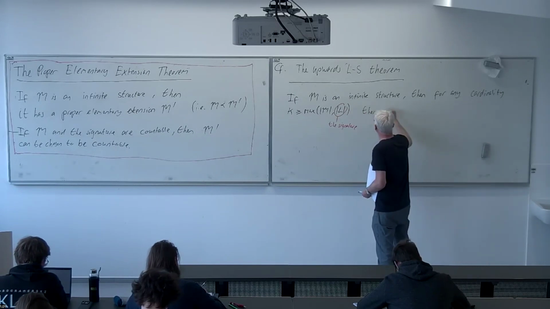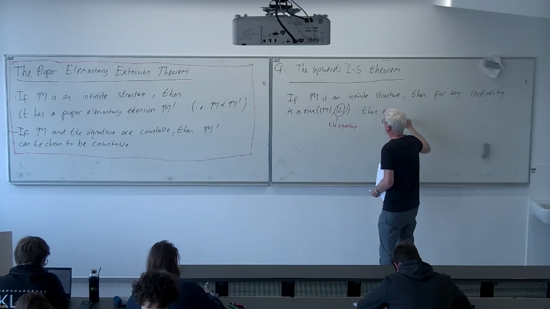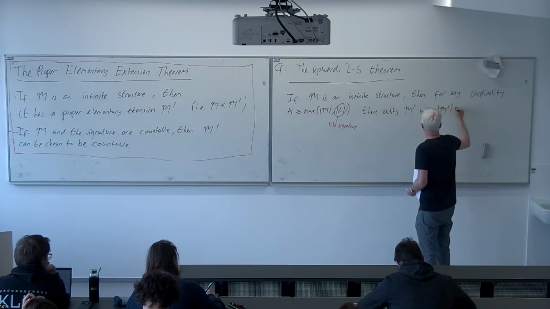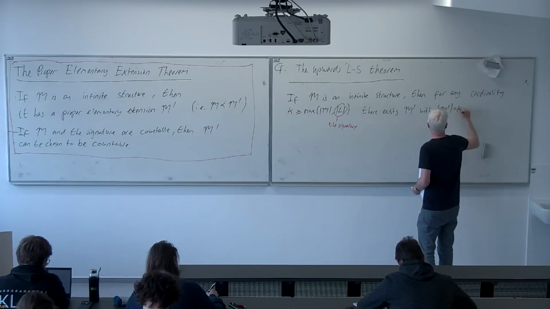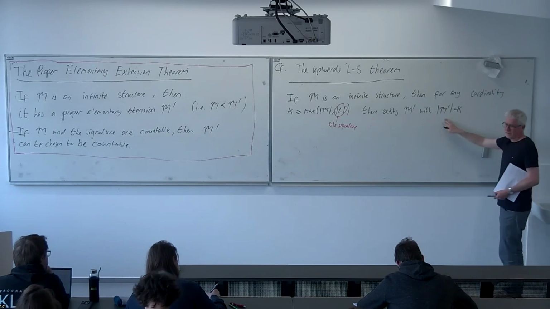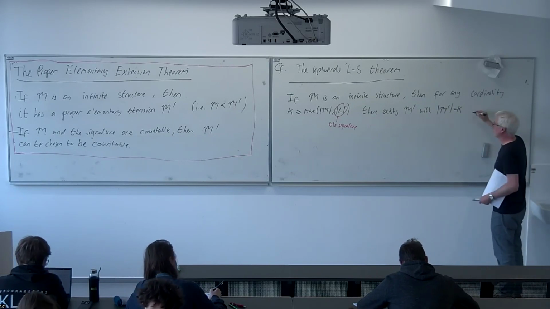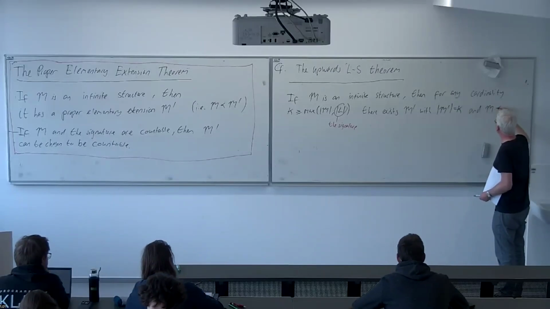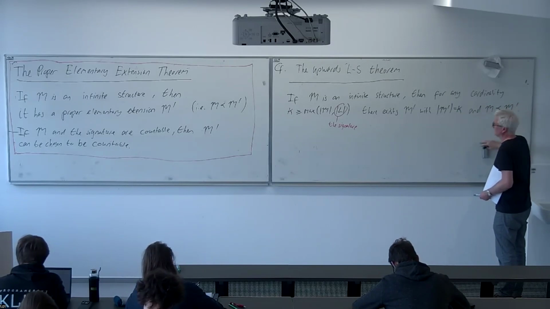That is, there exists an M prime with the cardinality of M prime equal to kappa. Of course, I mean the cardinality of the underlying set, but let's just write it for the structure. And M prime is an elementary extension of M.